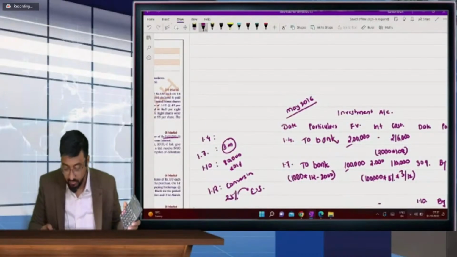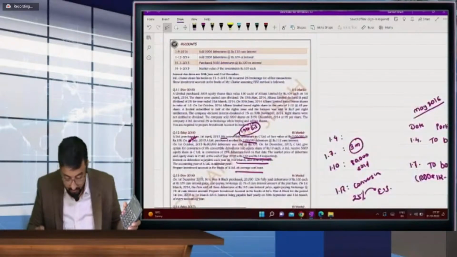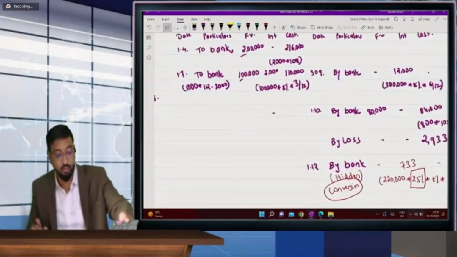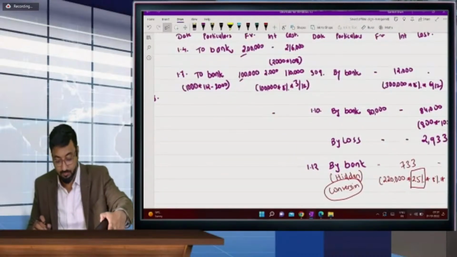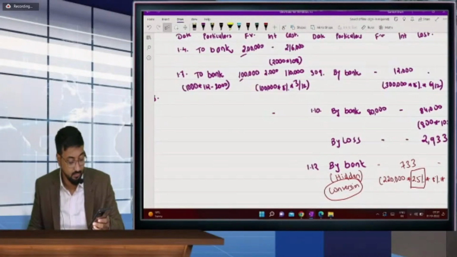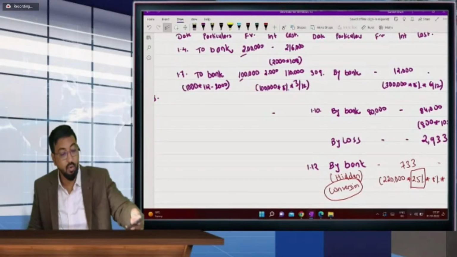It's to bank, 1st April 15. 1st April is to bank, not to balance brought down. It's the first year. Okay, so friends, it's to bank. We do not have any opening balances.